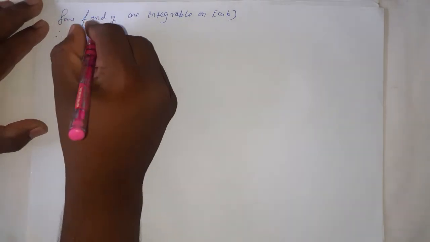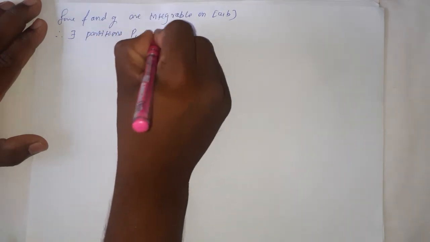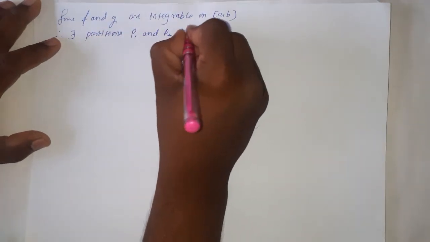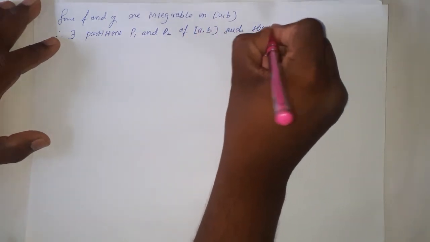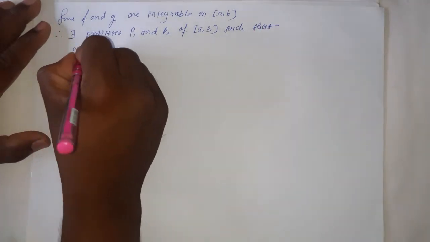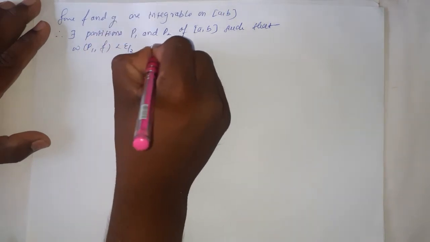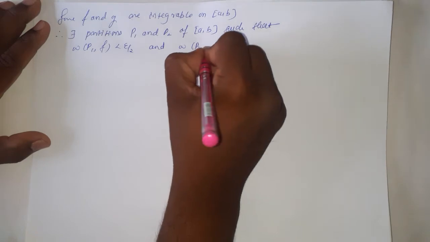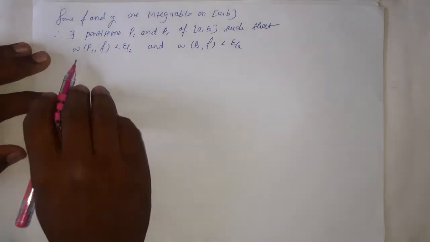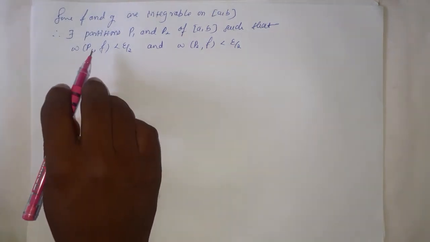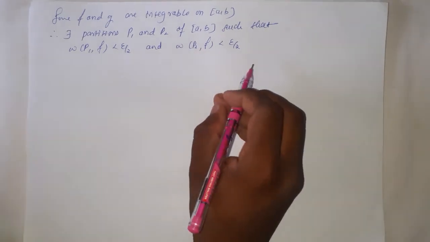Therefore, there exist partitions p1 and p2 of the closed interval a b such that W p1 f less than epsilon by 2 and W p2 g is less than epsilon by 2. So, here W p1 f means U p1 f minus L p1 f, and here W p2 f, that is U p2 f minus L p2 f.